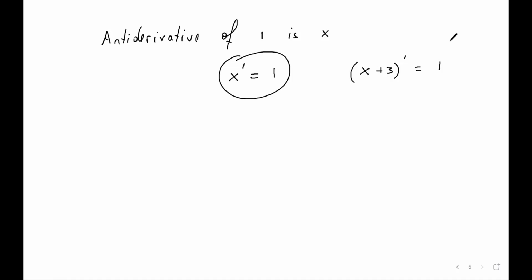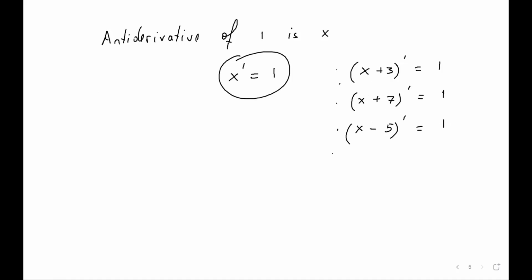It would, yeah, it is 1. Wouldn't x plus 7 primed also be 1? Wouldn't x minus 5 primed also be 1? All of these would be answers for the question, give me an antiderivative of 1. So this is a concept that has multiple answers.